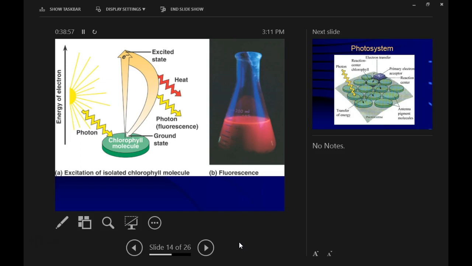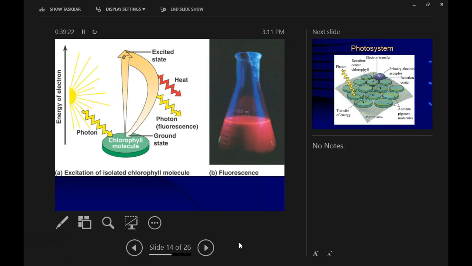All right. Now, I want to come back here to the thylakoid membrane. It turns out that there is not an equal distribution of chlorophyll. We kind of get this impression that the membrane is just solid chlorophyll. It turns out that it's not.